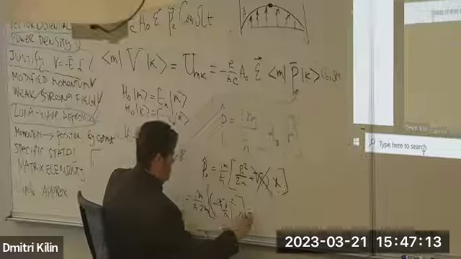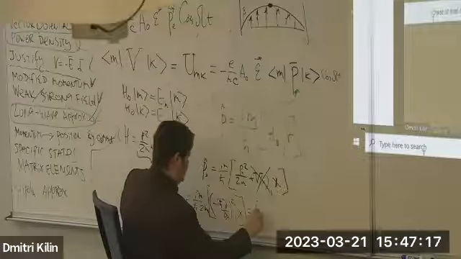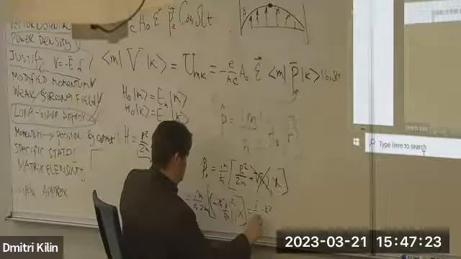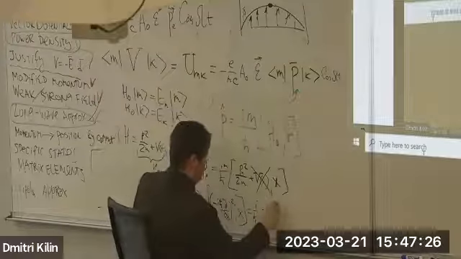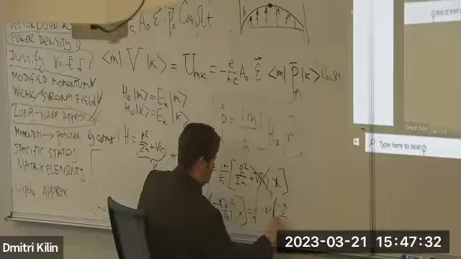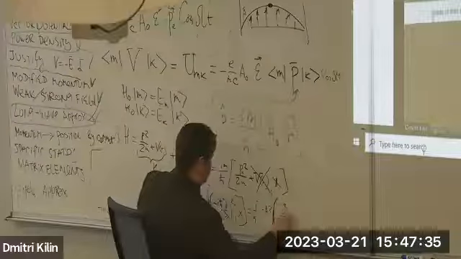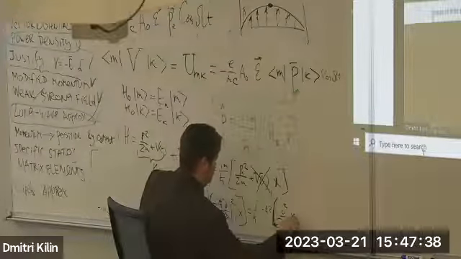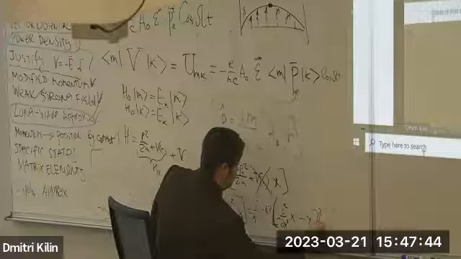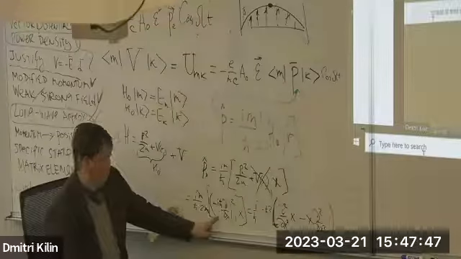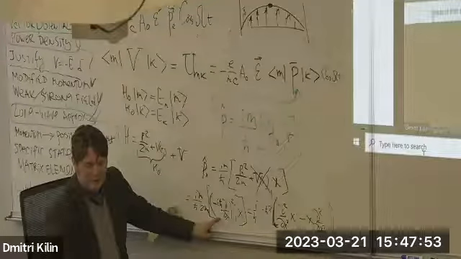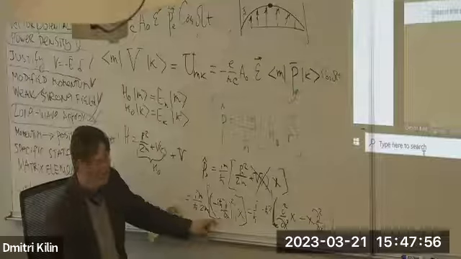So i h bar, minus h bar squared, d2 dx squared, x, minus x d2 dx squared. Extra credit, respect and honor to anyone who finds errors.